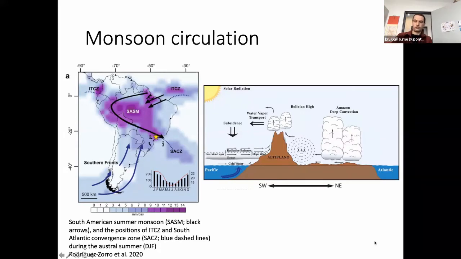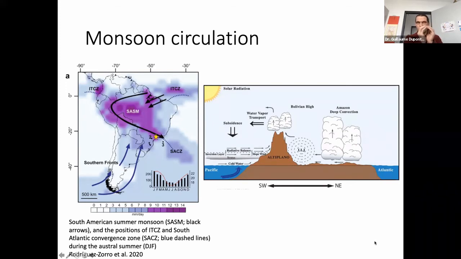So if we then combine these two concepts, the intertropical convergence zone and the monsoon, we get our seasonal climate. So think about these Hadley cells converging at the point where the sun reaches the Earth pretty much at a right angle.